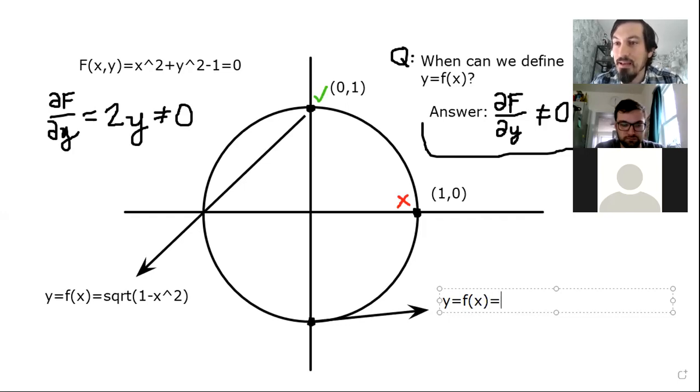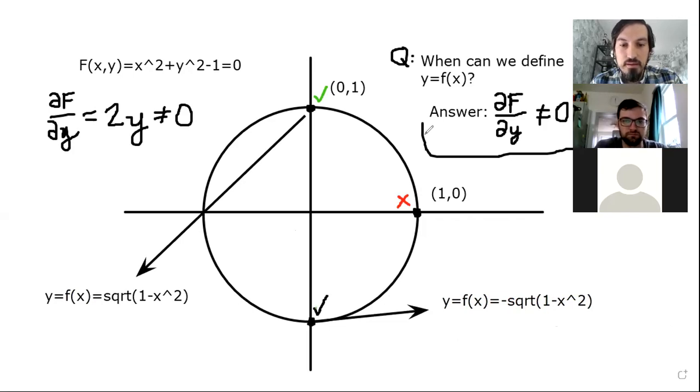It's the same, only negative: negative square root of 1 minus x squared. It's also a perfectly good function. That should have been green, but you know what I mean. Doesn't matter. Okay.